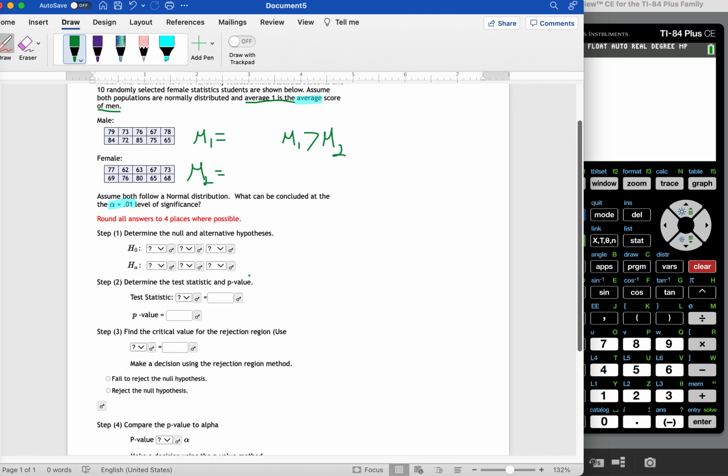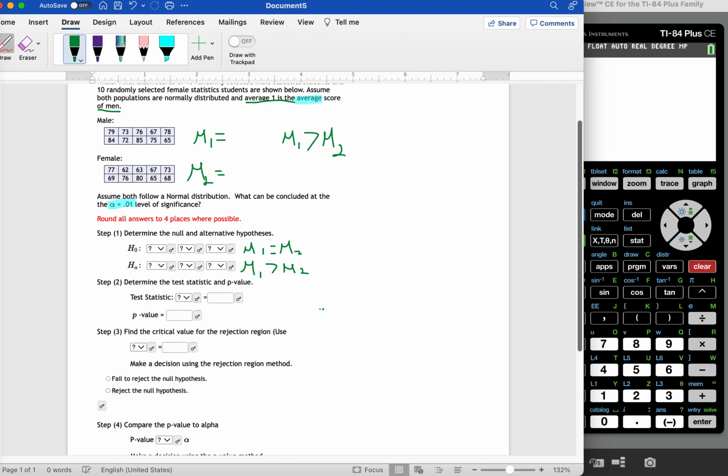Okay, so for our null hypothesis, I'm going to put M1 is equal to M2. Then for the alternative hypothesis, I'm going to put that we're going to do a right-tailed test.